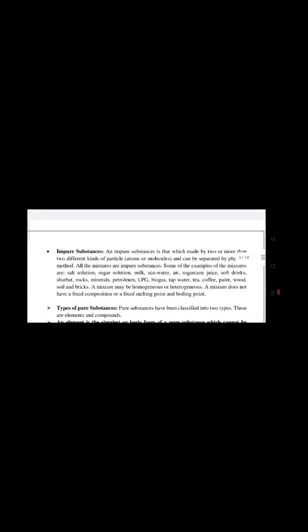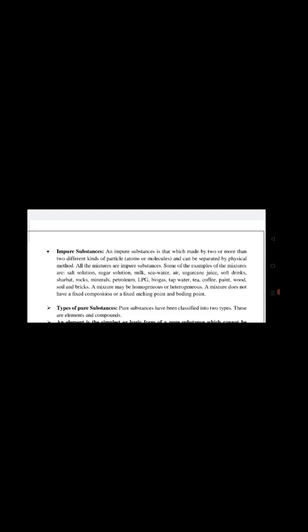In case of impure substances, an impure substance is one which is made up of two or more different kinds of particles. Just like I told you one example, sugar water solution. Sugar is one type of particle and water is another type of particle. So they are mixed, but not properly mixed with a fixed ratio. They are called impure substances and can be separated by physical methods.